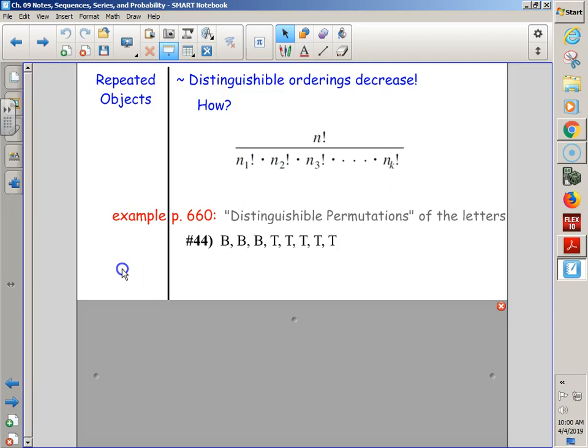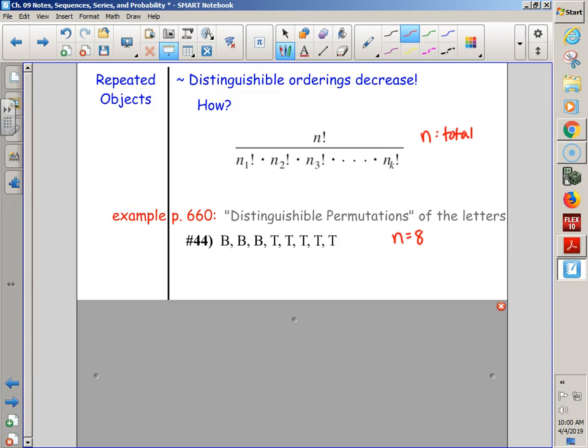This top N is just total. The total number altogether, all the letters, in this example down below, 3 B's and 5 T's, right? 8 total letters. So for this one down below, N is 8.